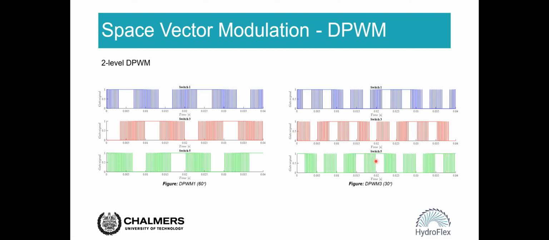And it is studied that this DPWM1 will have more even loss distribution among all the switches, because the clamped states are alternated in one fundamental period. So for the multilevel converter, we can choose to use this method as well.